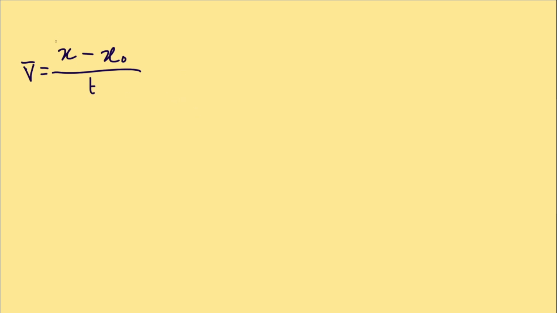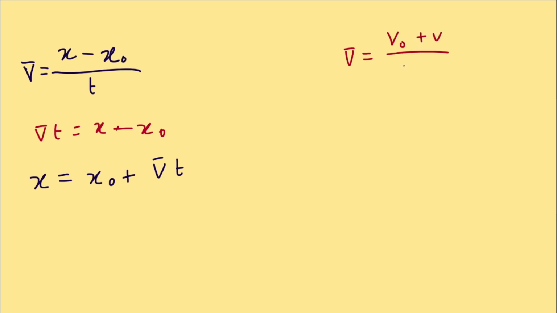Let's solve for x. Multiply both sides by t, you get vt equals x minus x0. Add x0 to both sides, and you end up with x equals x0 plus vt. The next step is to plug in our second kinematic equation, which we just derived, which is v0 plus v over 2.